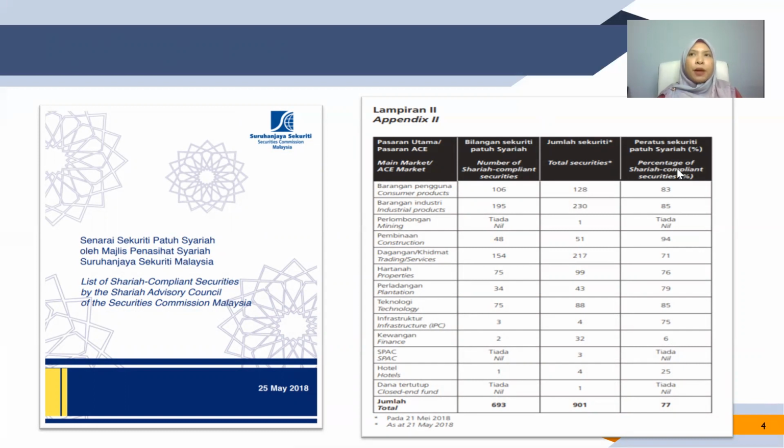By Friday at the end of May and Friday in November, SC will produce this list of Shariah compliant securities. You can see the total number of Shariah compliant securities and overall securities, so we can know the percentage of Shariah compliant securities over the total number of securities in Bursa Malaysia.